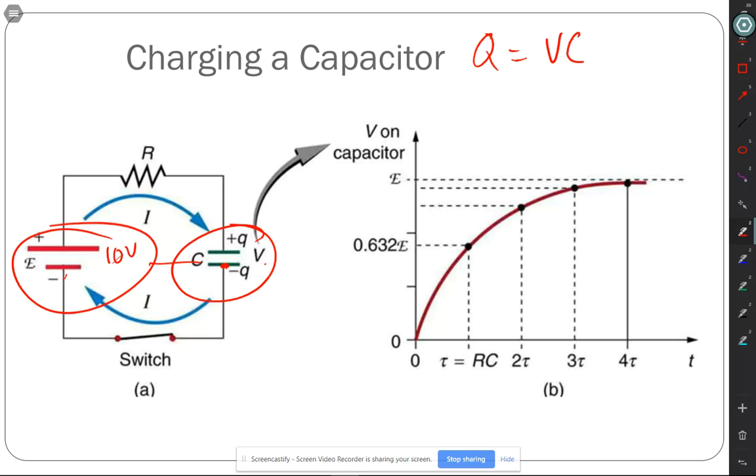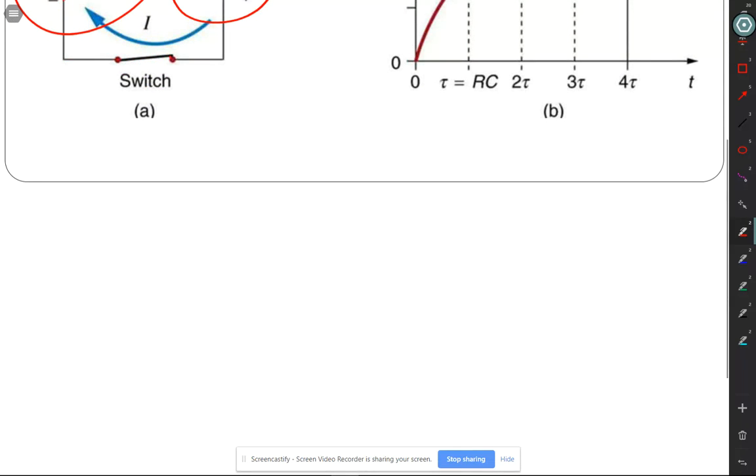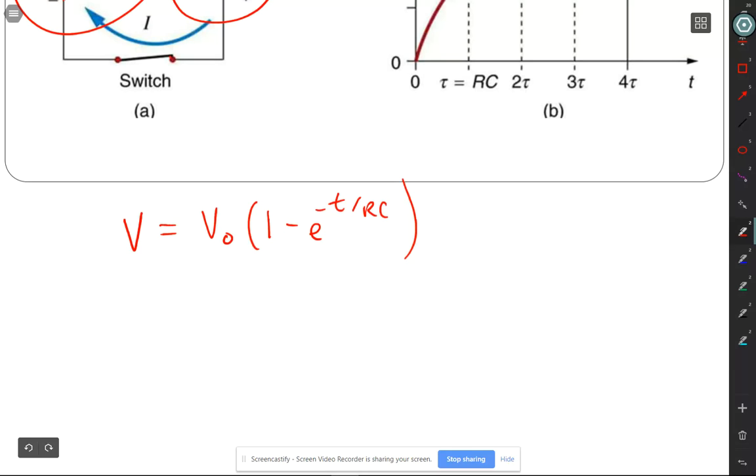The actual equation for charging the capacitor is this. Now, people in the physics with calculus class, we will be deriving this probably next week.